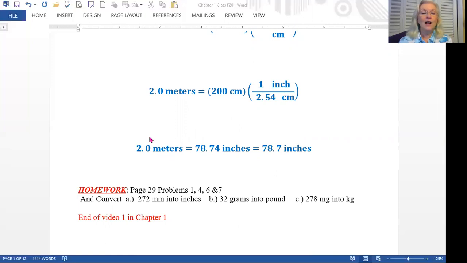Now, we started out with only 2 significant figures. Some of you will want to round this off to 79 inches. I don't like that in physics. Normally, we assume we've probably got more significant figures because we almost never measure something and then that's the end of it.